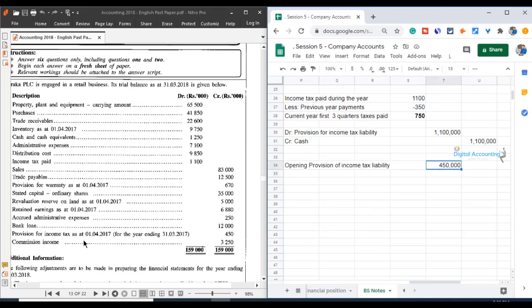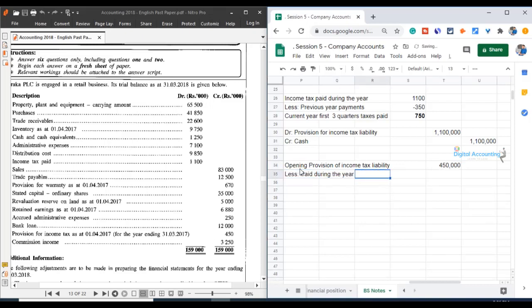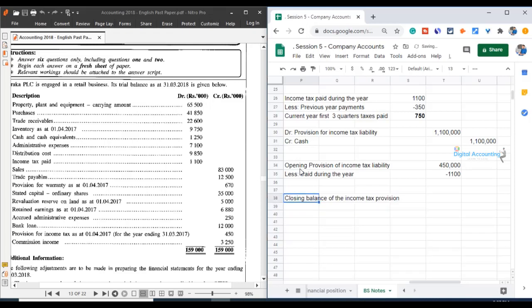That's in the trial balance: provision for income tax, 1st April 2017, 450,000. So during the year we have paid 1,100 and now they have calculated that the closing balance should be 400,000.